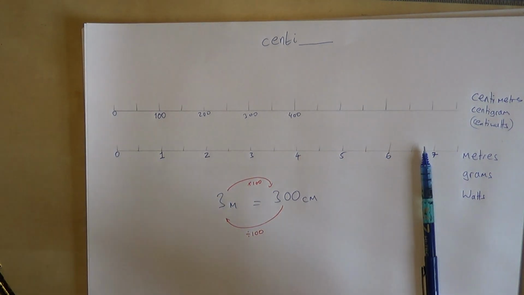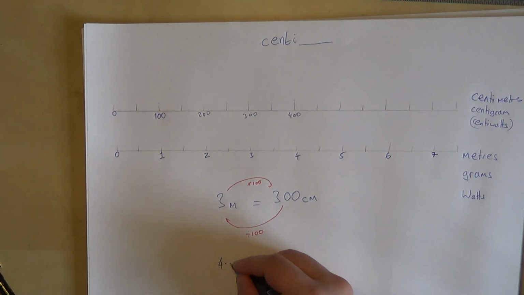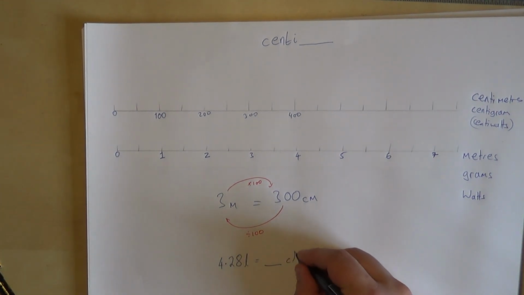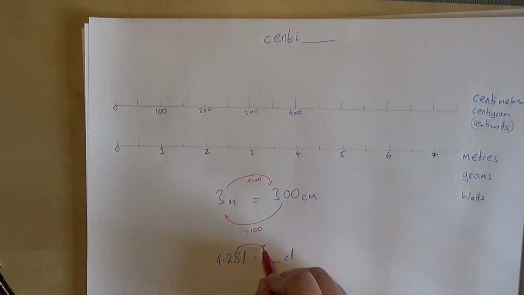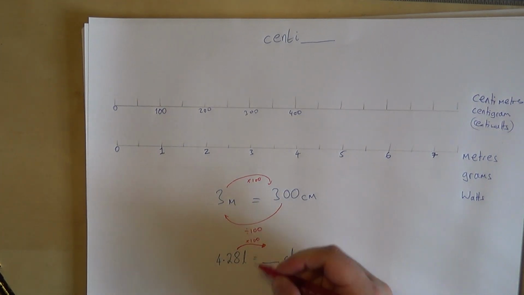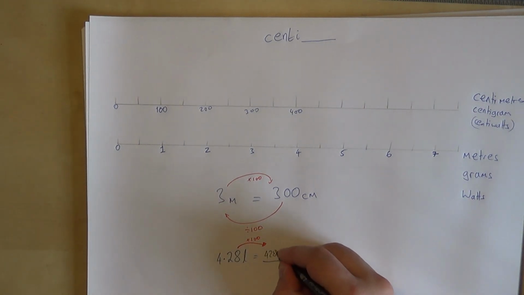So if we want to do something else, let's look at litres. Let's say I have something that is 4.28 litres. I would like to know how many centilitres that is. We can use this system, where we just know that centilitres are smaller, and we've remembered that centi means 100, so 100 more must fit in. 4.28 multiplied by 100 is 428.